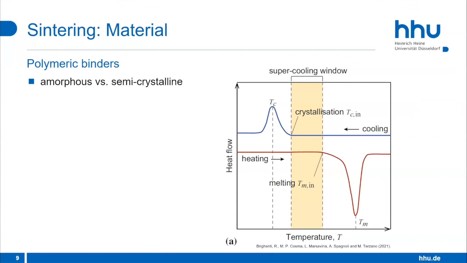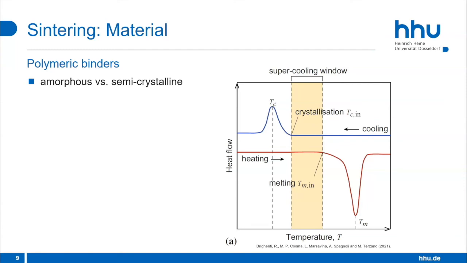And ideally, you want to have the whole material recrystallize at the same time, so you don't introduce any additional anisotropy. And for that, you usually have a hysteresis between the melting temperature and the crystallization temperature. A very good process temperature is defined to be somewhere in the supercooling window, so below the melt temperature, but still above the recrystallization temperature during the cooling time.